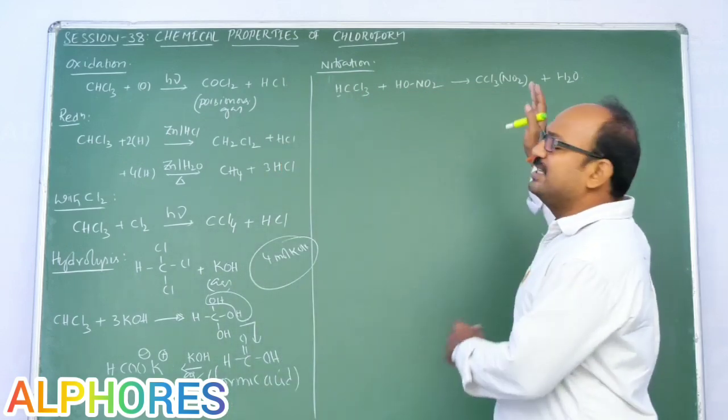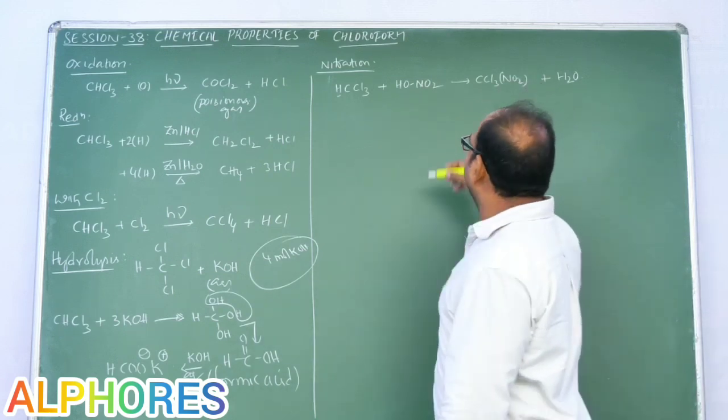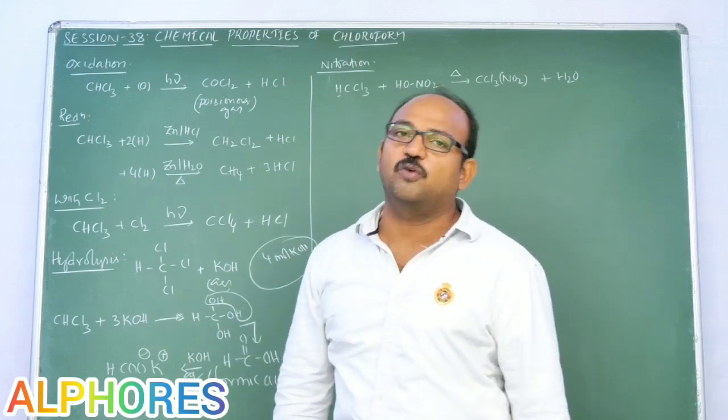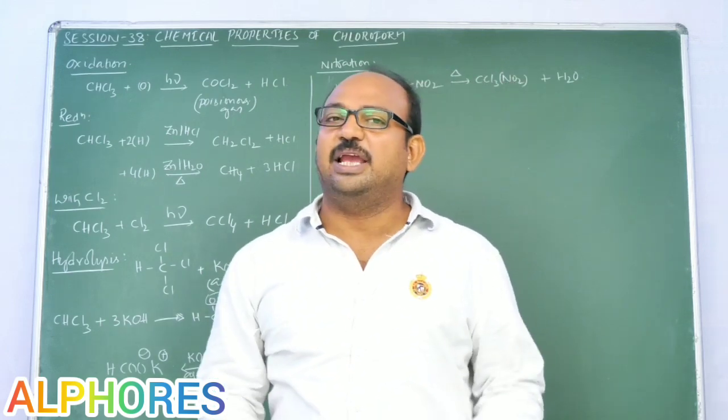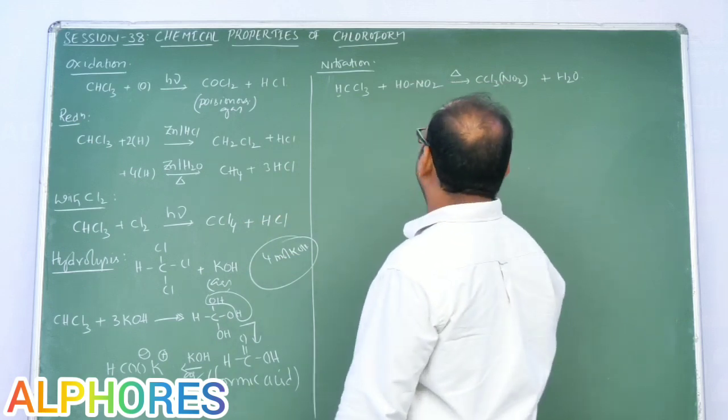So here this reaction we can say is condensation. During condensation, chloroform upon heating with nitric acid gives trichloro-nitromethane.